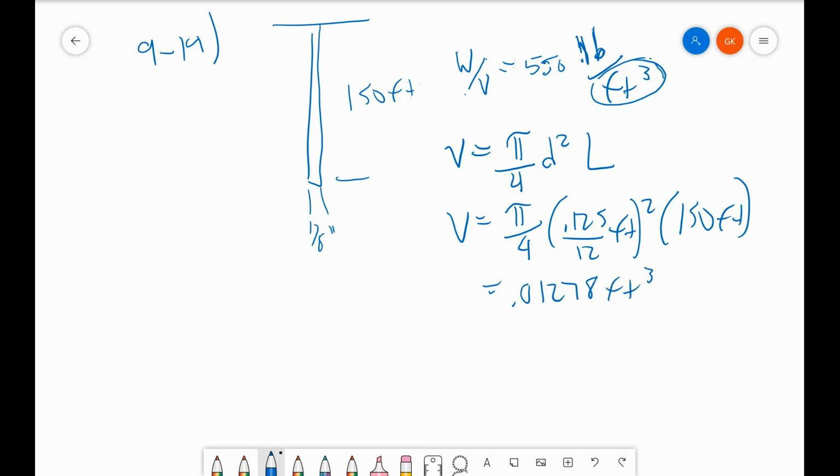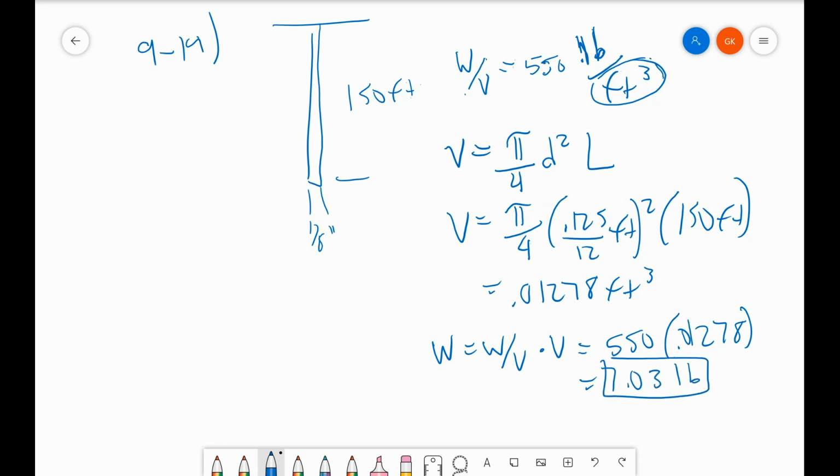A small amount, but still appreciable. If we multiply that by 550, the weight of the wire is 7.03 pounds. So the weight is equal to the weight over volume times the volume, 550 times 0.01278, which comes out to be 7.03 pounds.